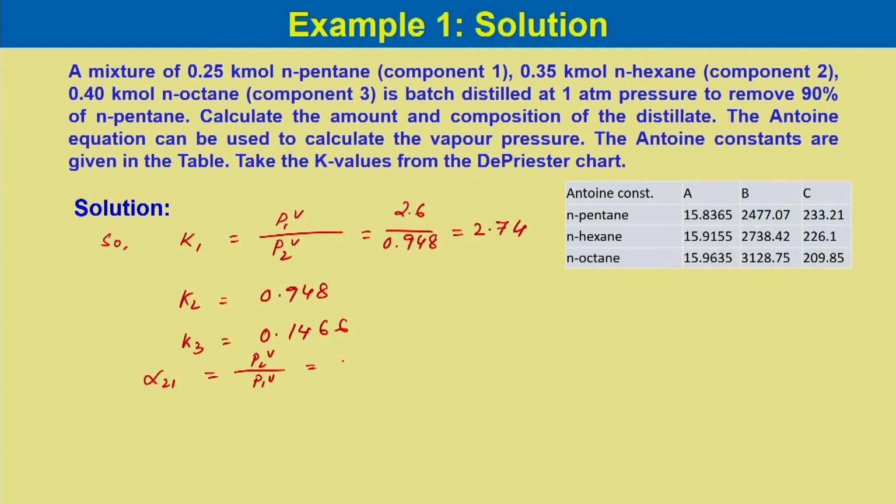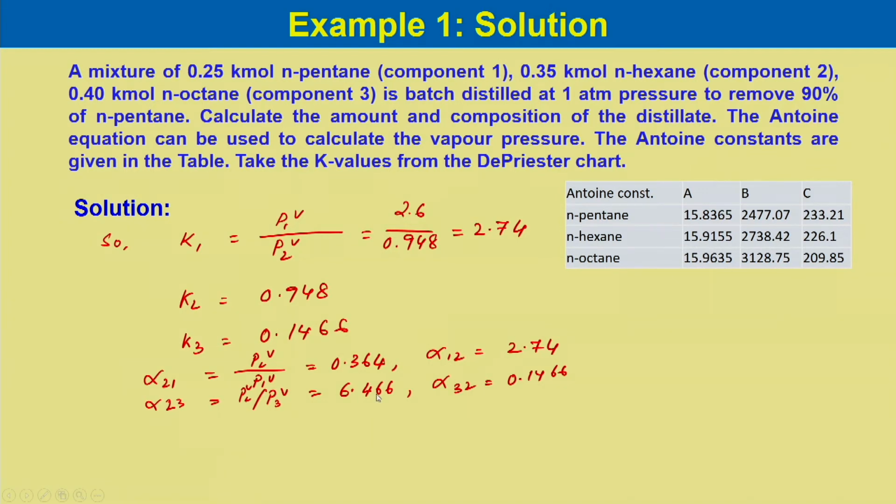Once we obtain K1, K2 and K3, we can obtain alpha 21, which is equal to P2V by P1V, which is equal to 0.364. Alpha 12 is 2.74, alpha 23 is P2V by P3V, which is equal to 6.466, and alpha 32 is 0.1466.